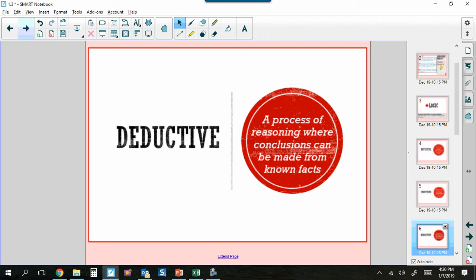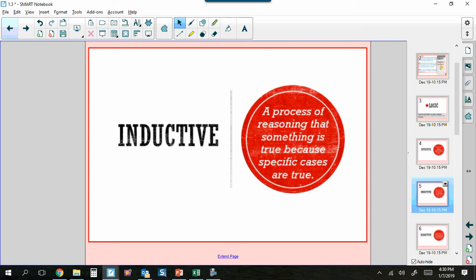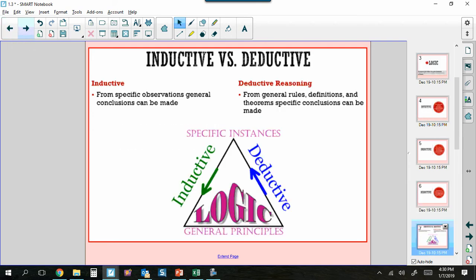And then the last, which you'll use most often in this class, is deductive reasoning, a process of reasoning where conclusions can be made from known facts. So it's actually the exact opposite of inductive reasoning. We have a triangle for you at the bottom of the page that you can start to fill out.